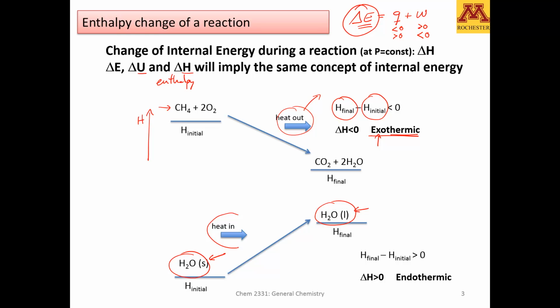So one needs to provide some heat to warm up the molecules, to break some hydrogen bonds happening in ice that do not take place in water. Therefore, in a reaction like this, when you have a positive increment of enthalpy or internal energy, we will call this endothermic. So we will use delta H to describe change of internal energy in a reaction. Of course, H depends on temperature, so this is something that we will definitely talk about, because you will have different values of H, of enthalpy or internal energy, at different temperatures.